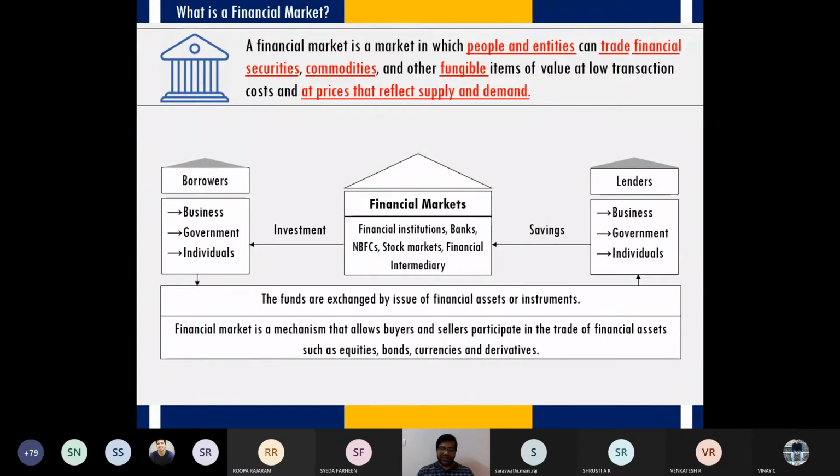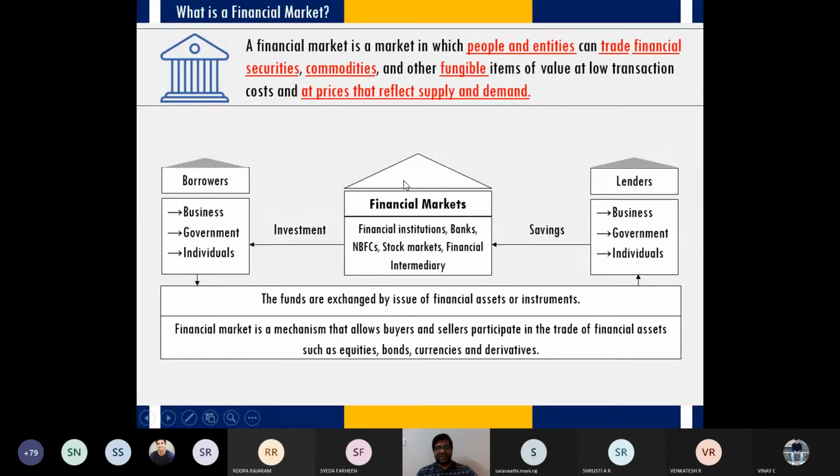So if you look, borrowers and lenders are more or less the same, right? So what happens is the lenders, right? In case I have some cash and I want to make a deposit, I go to a bank, right? And I keep my savings there in the bank. So what the bank will do, the same savings which the bank has received from me, the same money is given to business, government, and other individuals in the form of loans, right?